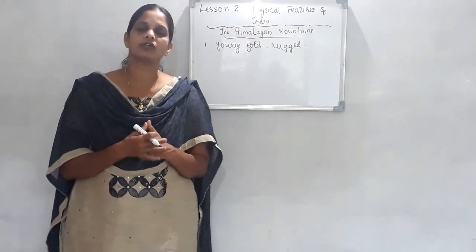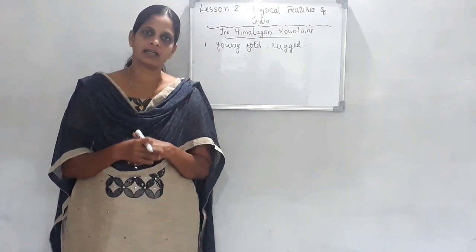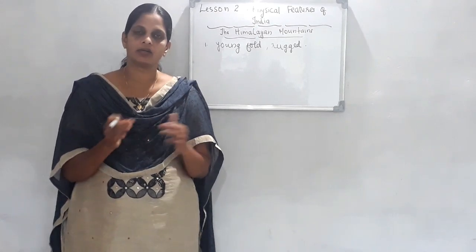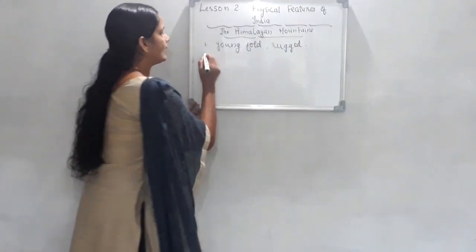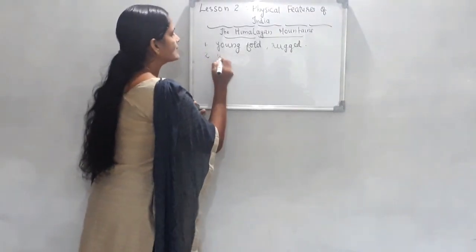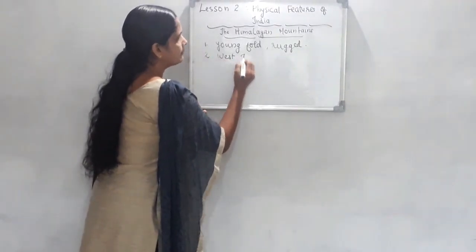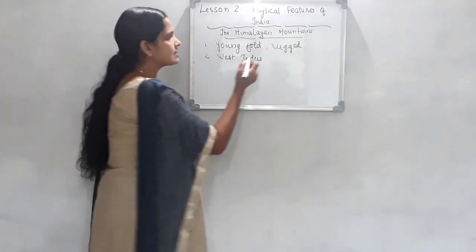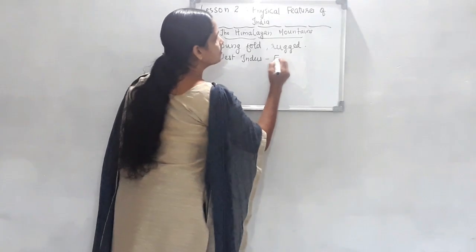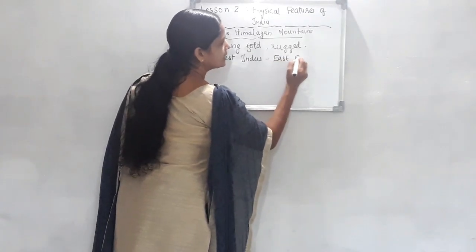And in which part of India does Himalaya lie? That we already studied. The next point: Himalaya extends from the West Indus River in Pakistan to the East Brahmaputra.